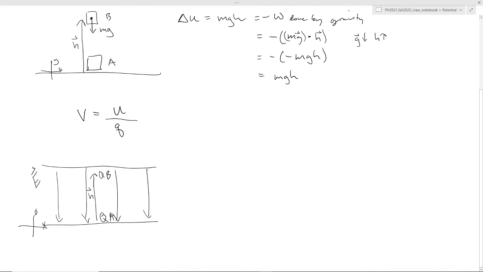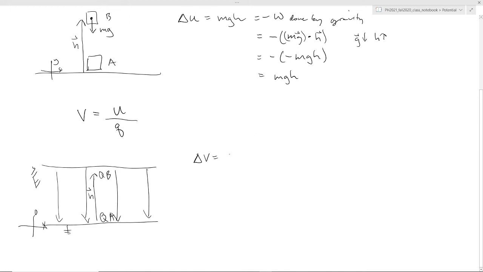You can think of that as also the potential at A being 0. So we can look now at the change in potential.